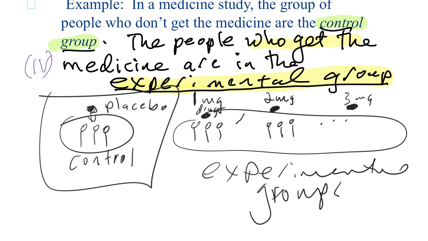So if the control group felt relief, and let's say they felt relief equal to what one of the experimental groups felt, you couldn't say that the drug was effective.